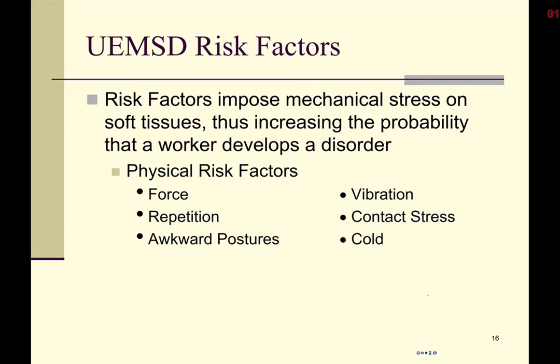But the more common 6 that OSHA identified are the force or muscular effort, the repetition or repetitive motion rate, awkward postures, vibration, contact stress, which is a mechanical stress, if your soft tissue comes into direct contact with a mechanical stressor, a sharp edge, a hard edge, and then lastly cold temperatures. And so your upper extremity tools typically will assess these physical risk factors or a sample of these risk factors.